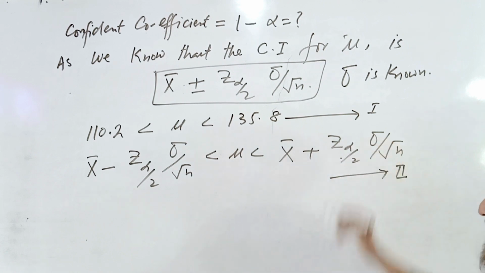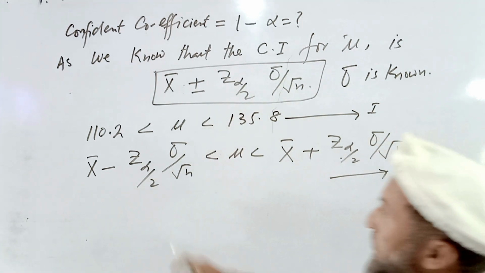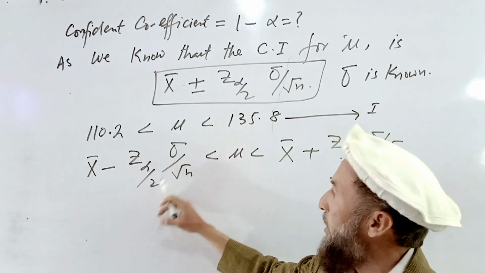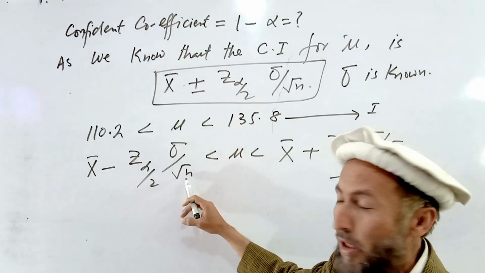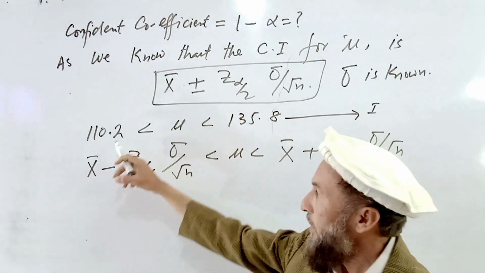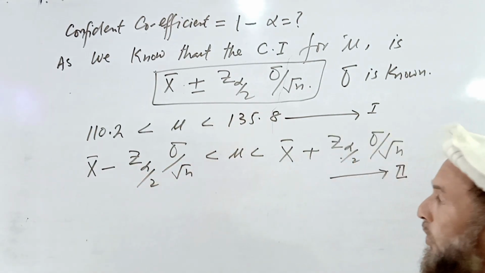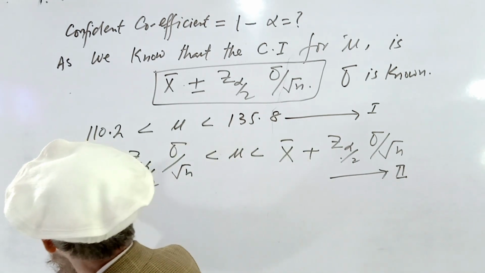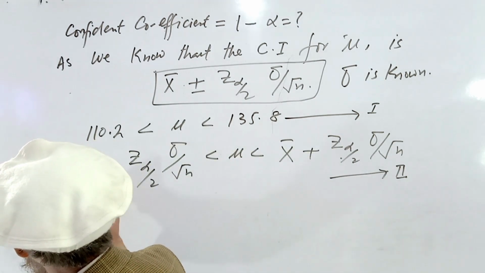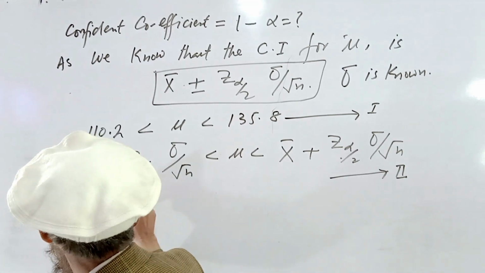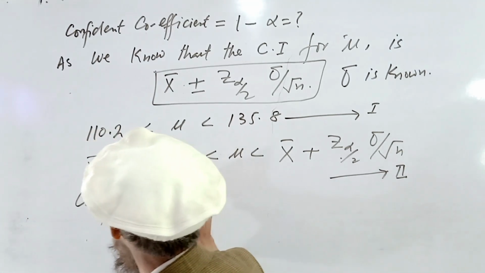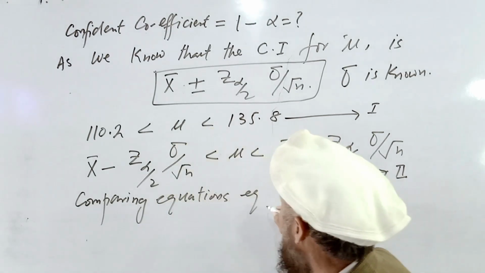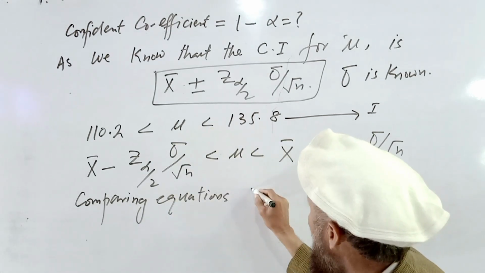Comparing equation number first and second, this is the lower limit, and here x bar minus z alpha by 2 sigma divided by root n is also the lower limit. The lower and upper limits correspond to each other.